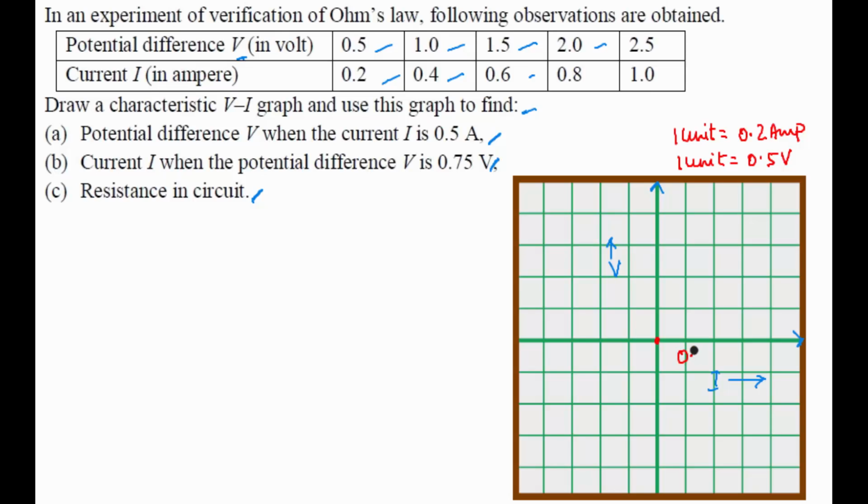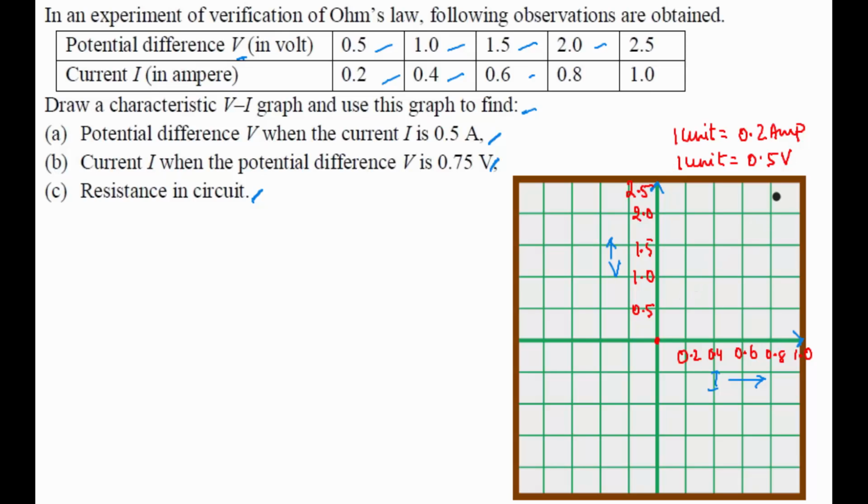So this is 0.2, this is 0.4, this is 0.6, this is 0.8 and finally 1.0. Here on this axis it is 0.5, 1.0, 1.5, then 2.0 and then 2.5 finally.